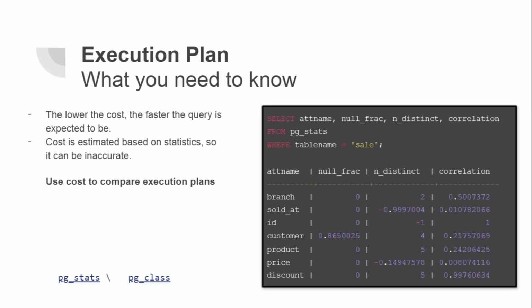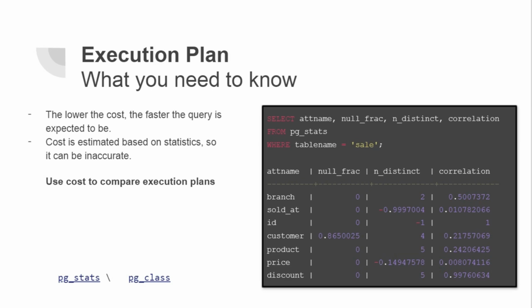We can see here some negative values. I'm actually not sure what they mean, but for customers, we know that there are 4 customers, only 5 products, and discount only 5 because when we generated the data, we didn't generate random discounts.